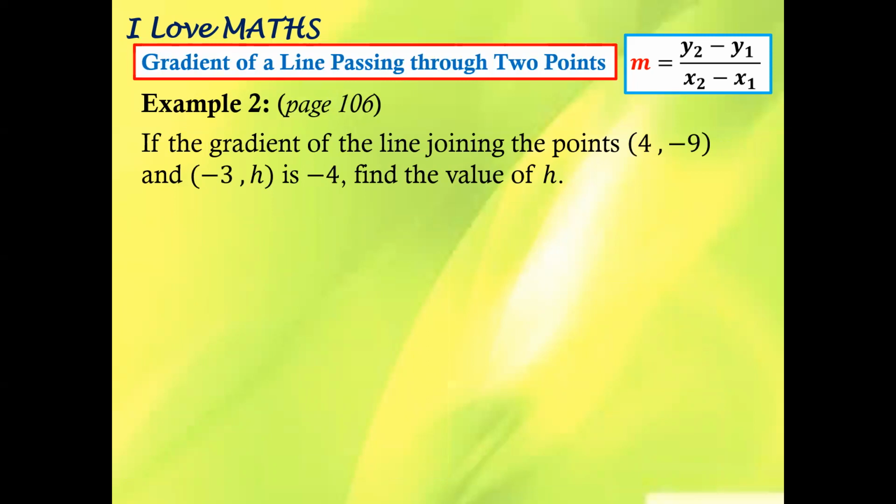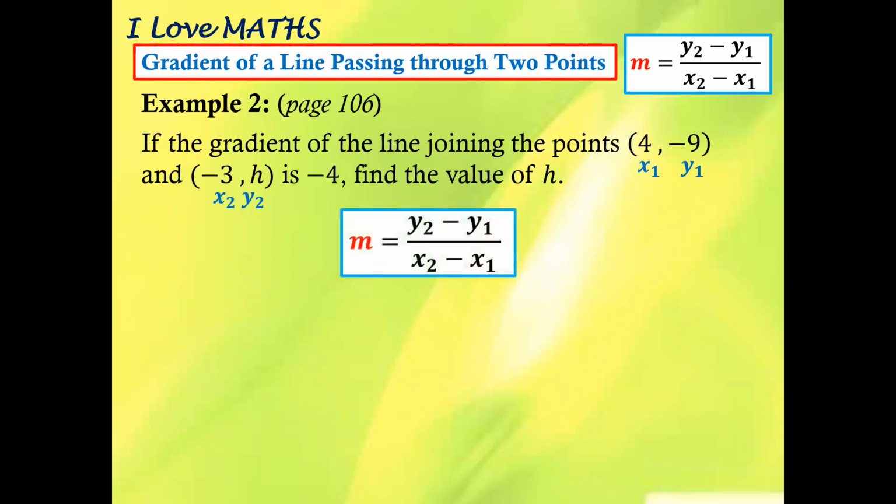If the gradient of the line joining the points (4, -9) and (-3, h) is negative 4, find the value of h. From this problem, we can let (4, -9) be x sub 1, y sub 1, and (-3, h) be x sub 2, y sub 2, where negative 4 is the value of m.